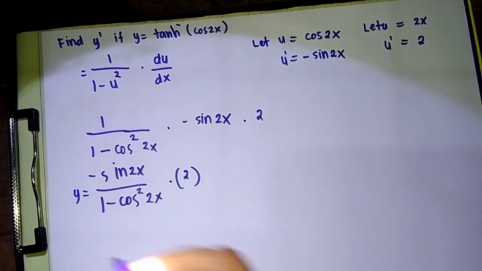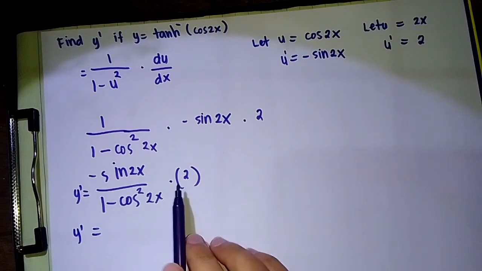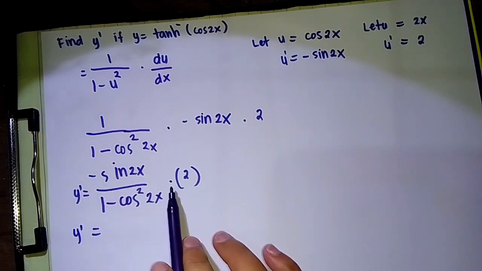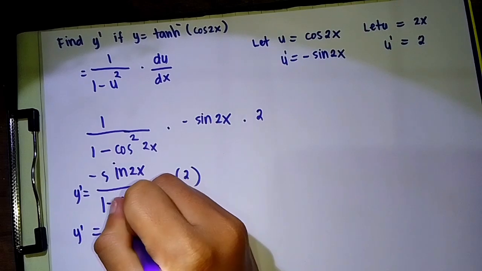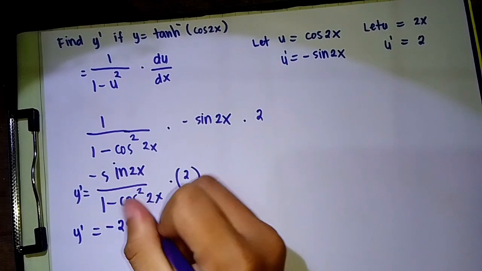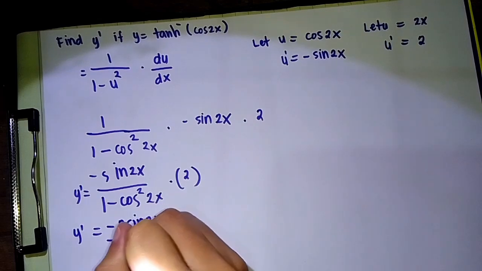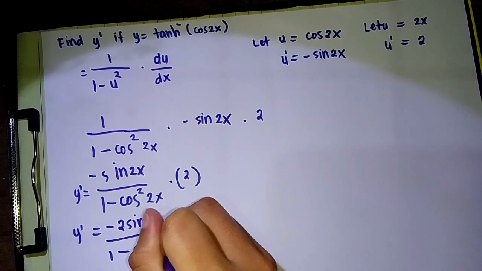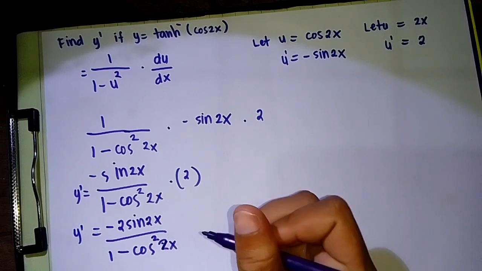So multiply again, so y prime is negative sine 2x times 2 is simply negative 2 sine 2x over 1 minus cos squared 2x.